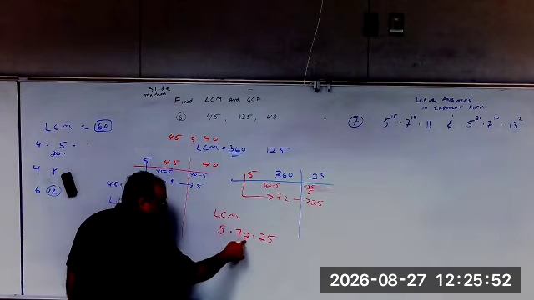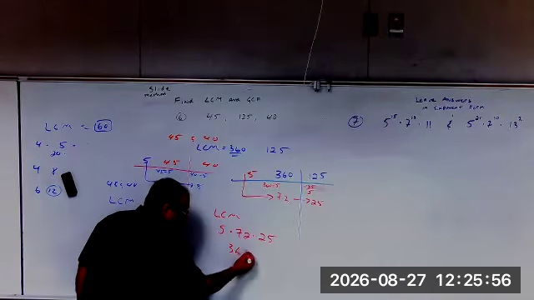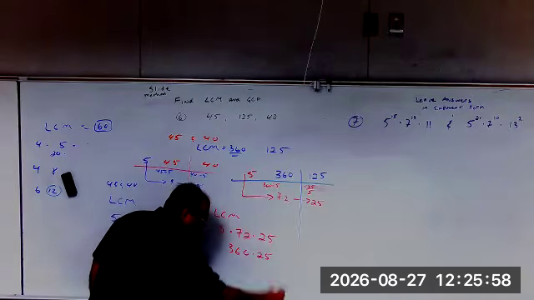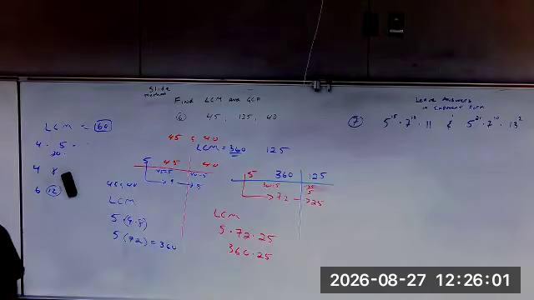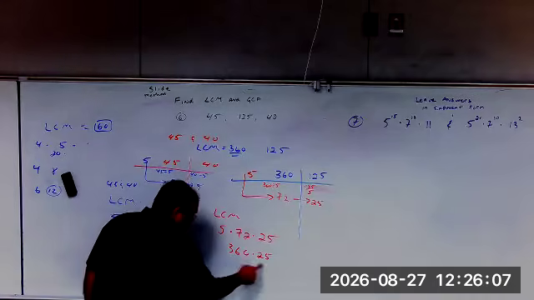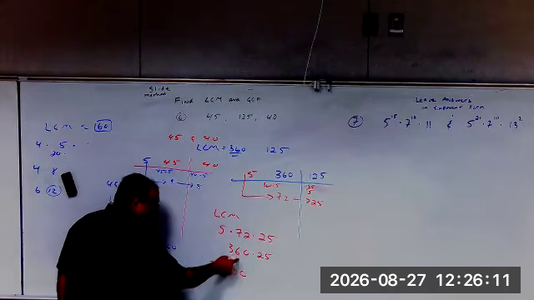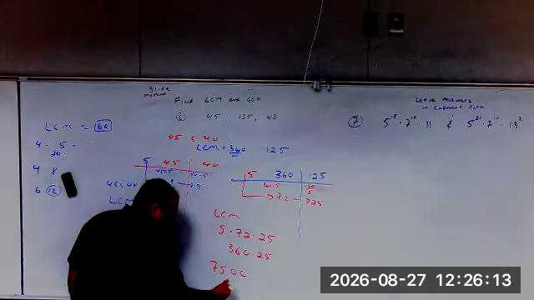So 5 times 72, well, that's 360 times 25. 300 times 25 is 75 and a couple of zeros, and then 6 times 25 is 150.